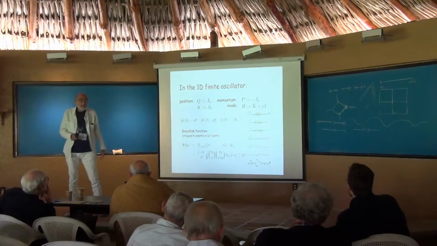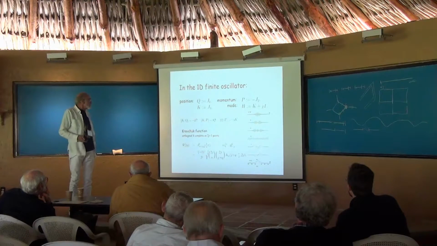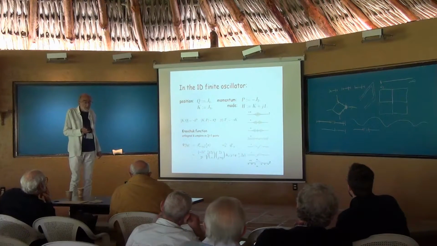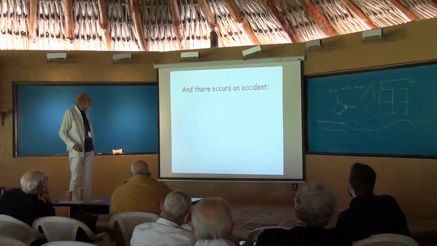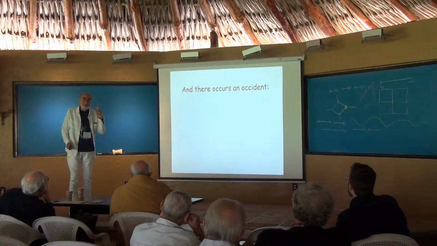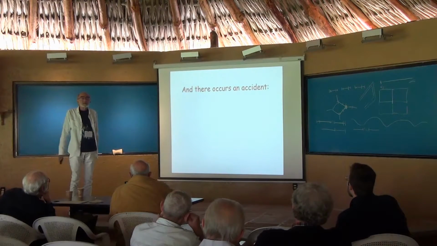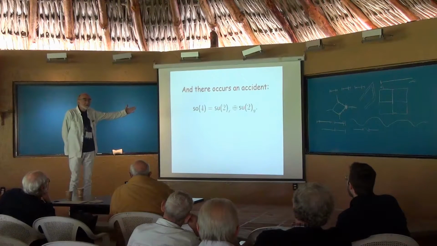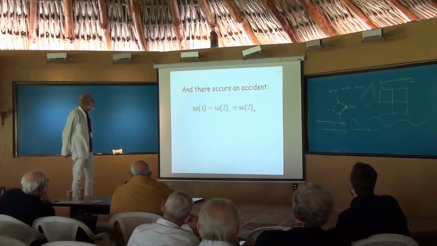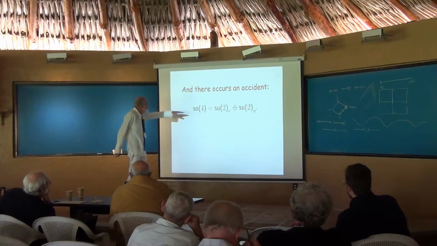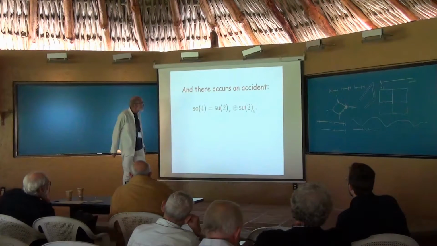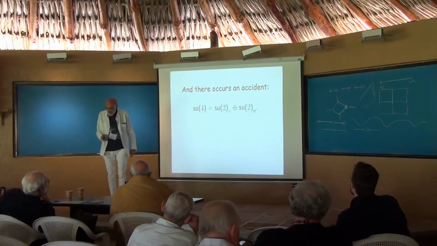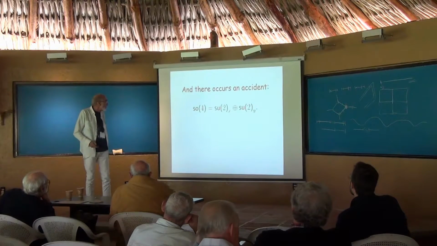You can have it in any number of dimensions. And basically, you're speaking about rotations. But in 2 dimensions, there occurs an accident. Ta-da! You see? It splits into a direct sum of 2 SU2 algebras.